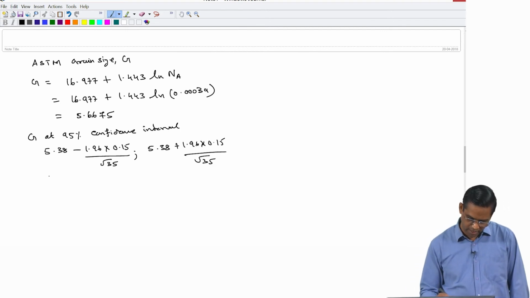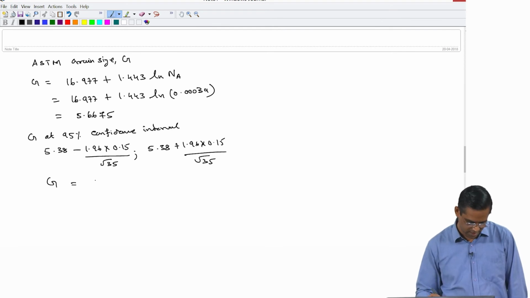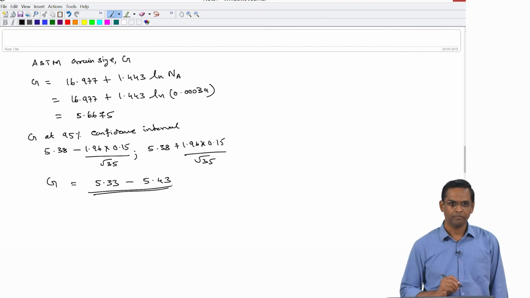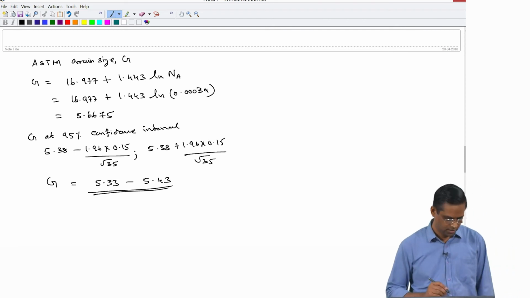So, I get the range ASTM grain size number about 5.33 to 5.43 at this interval. So, this is for ASTM grain size number.